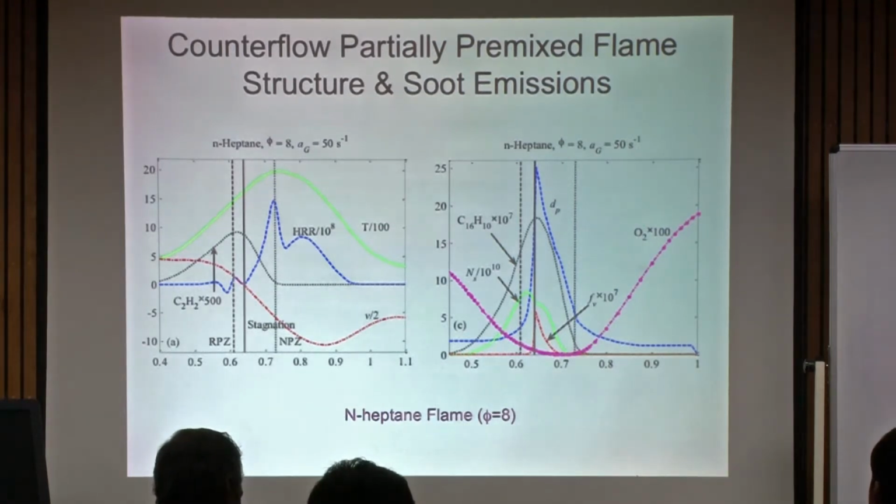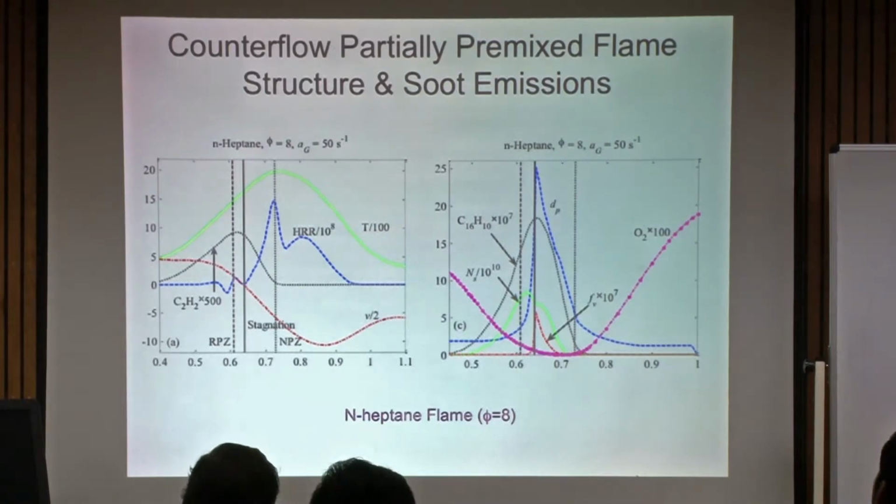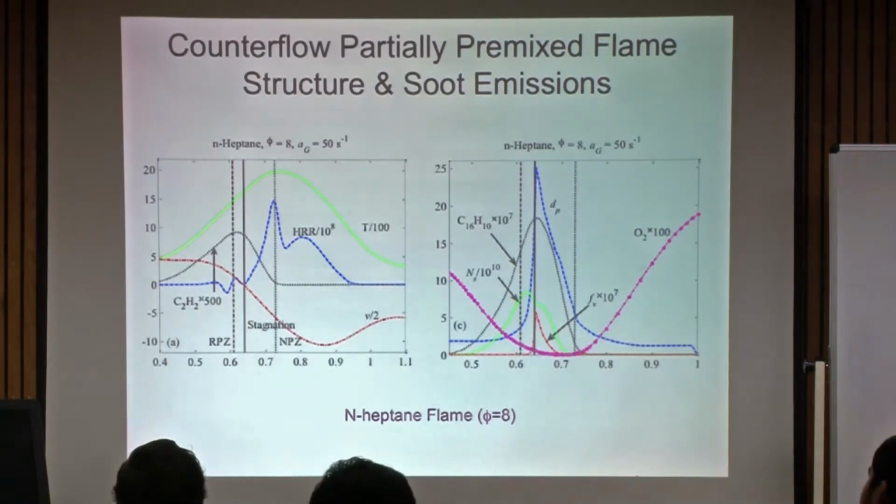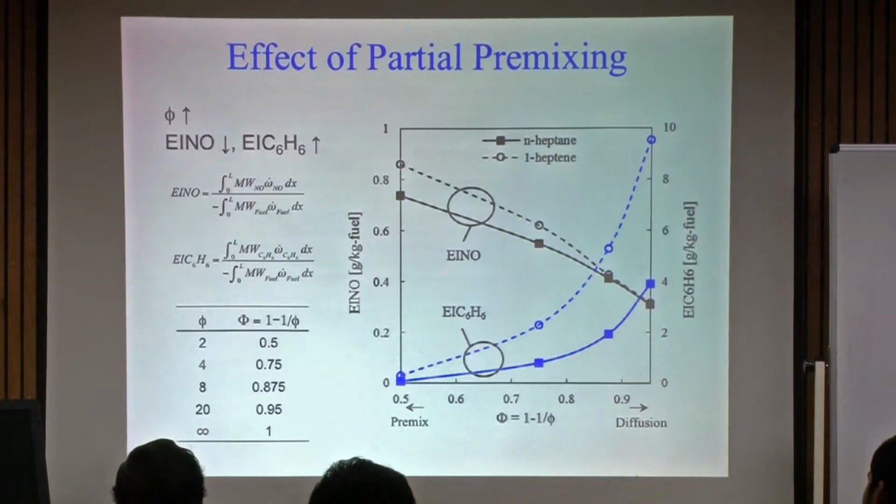Capital phi? No, this is small phi, that's the equivalence ratio. Capital phi only goes between 0 and 1. We use capital phi when we plot things as a function of equivalence ratio. I think there are one or two slides with that, this for example.